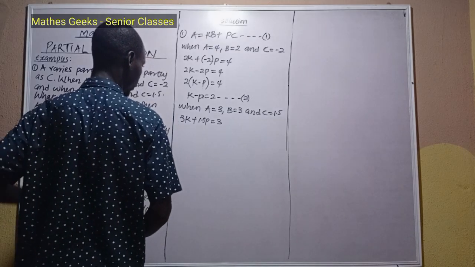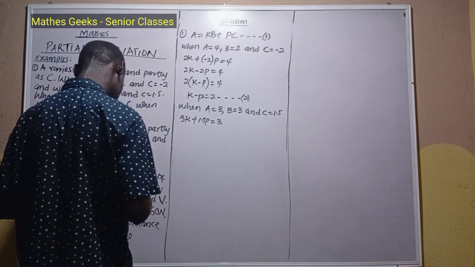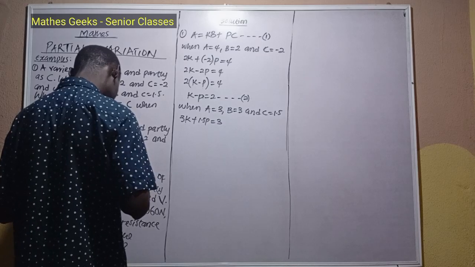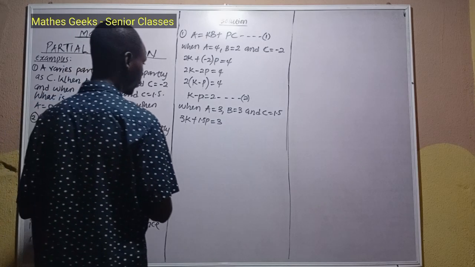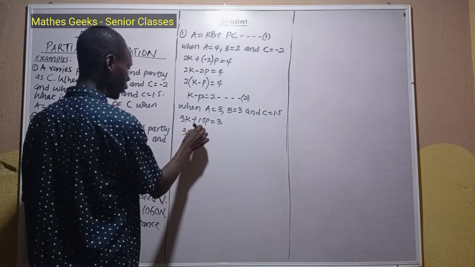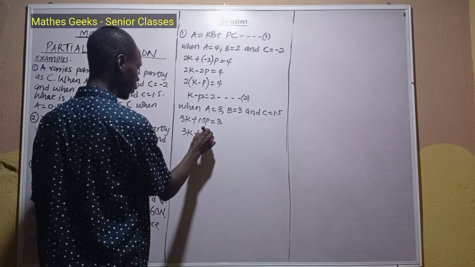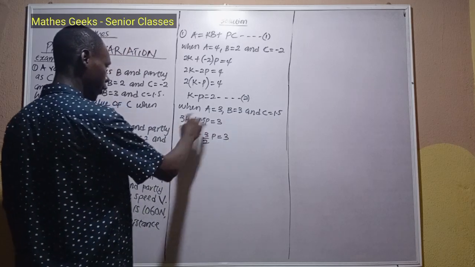Let me check something. 1.5 is 3 over 2, so we have 3k plus 3 over 2 p equal to 3. You can solve from here right away.